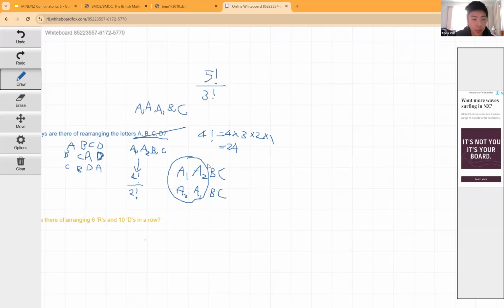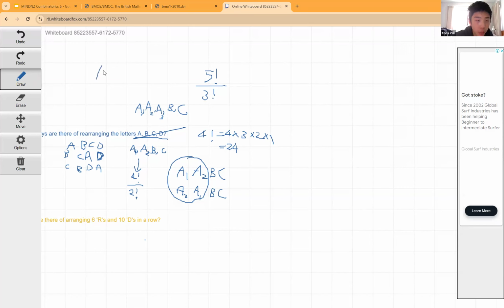If we give them subscripts A1, A2, and A3, there are 3 factorial ways of permuting A1, A2, and A3, where 3 factorial equals 6. So there are 6 ways to permute these, all of which are counted as distinct under our 5 factorial count. Therefore, we overcount by a factor of 3 factorial, and we need to divide our final answer by 3 factorial.